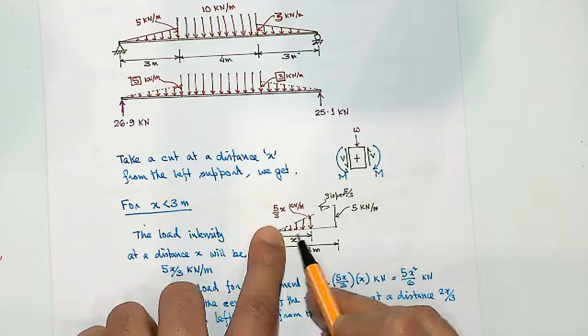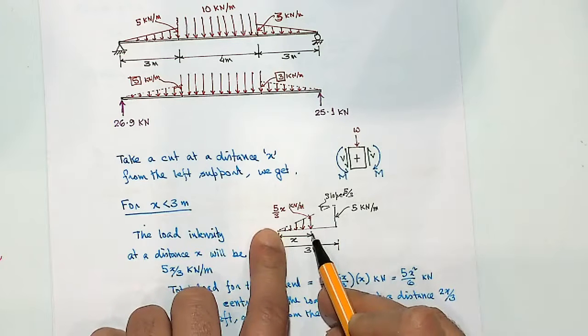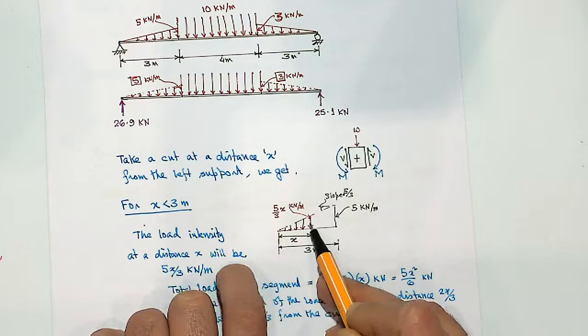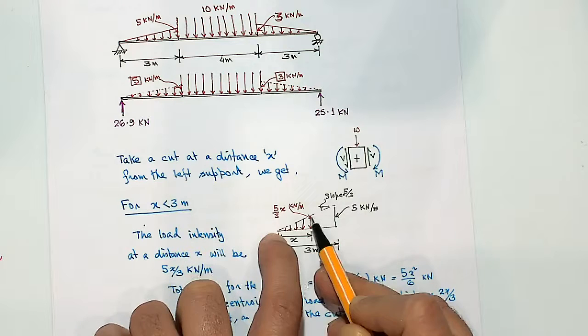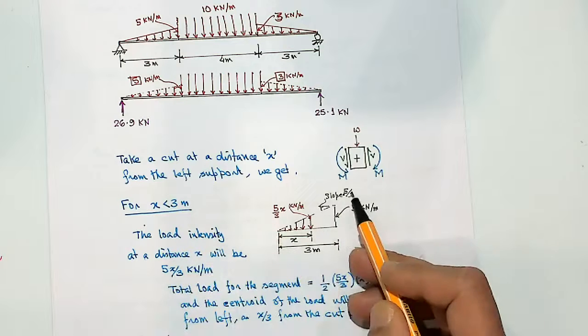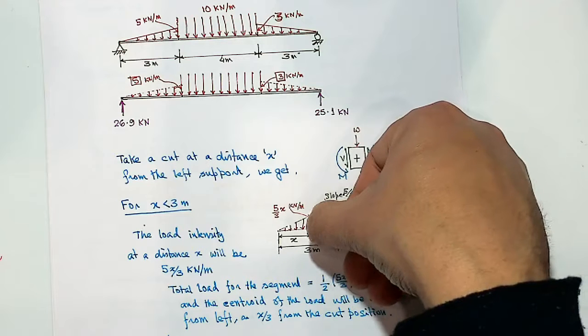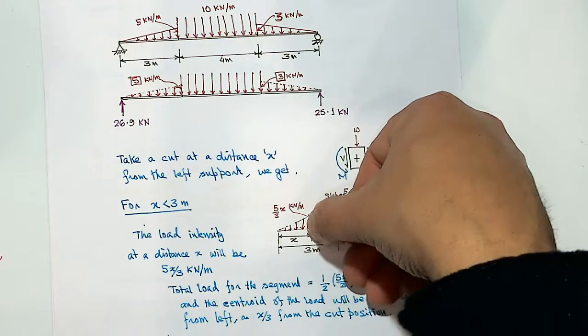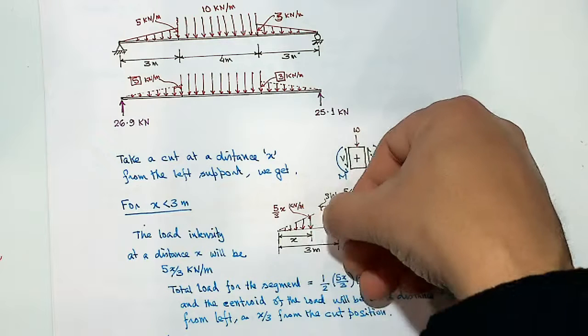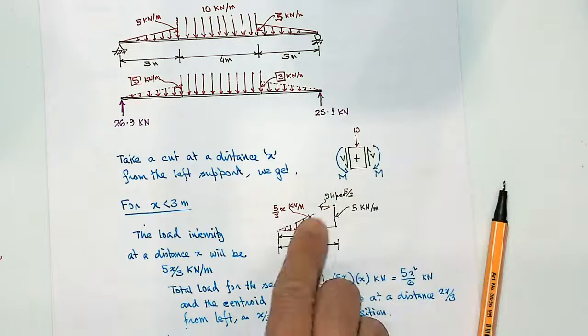If I go at a distance x from left, this load intensity would be the slope times the distance, so 5 over 3 times x. In other words, if x is 1 meter, then that would be 5 over 3. If x is 2 meter, then that would be 10 over 3.